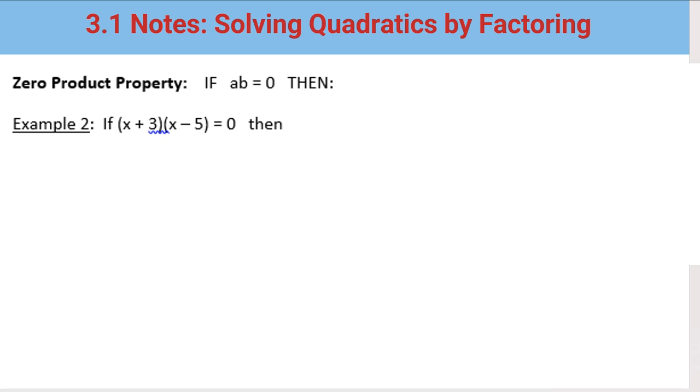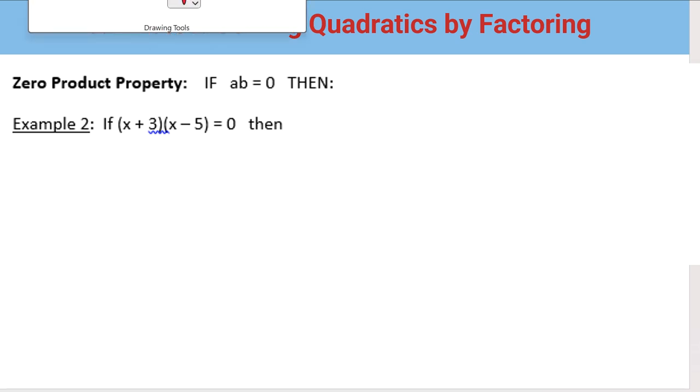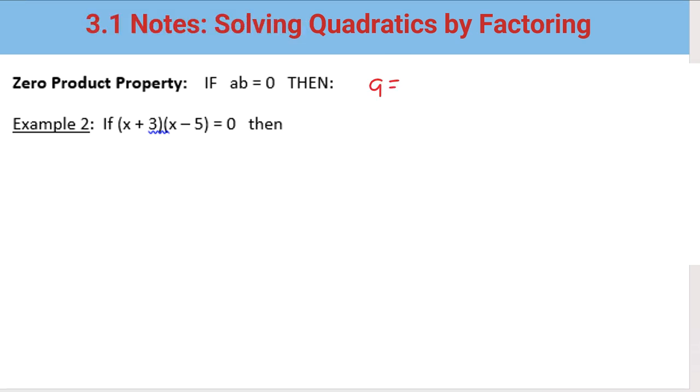If you have a product, an answer to a multiplication problem that is 0, the only way you can get there is if A is equal to 0, B is equal to 0, or A and B are both equal to 0. Right? That's the only way you can multiply and get a 0 product.